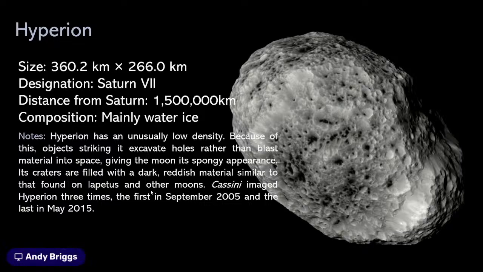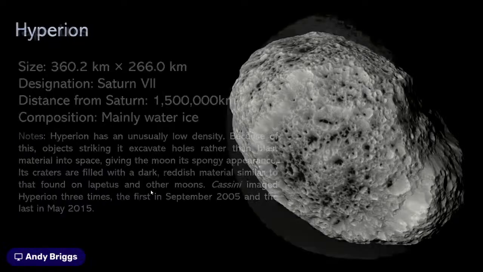The bottom of the craters is a very dark reddish material, similar to the material that we find on some of the other moons like Iapetus, and that's why the crater bottoms appear dark. Complex organics are found in this material on some of the other moons, so it's to be assumed it's virtually the same here.